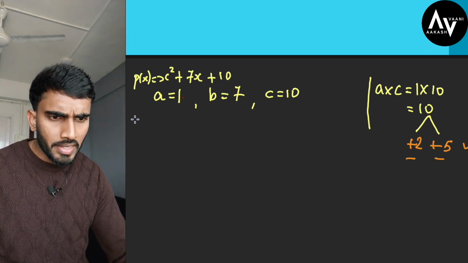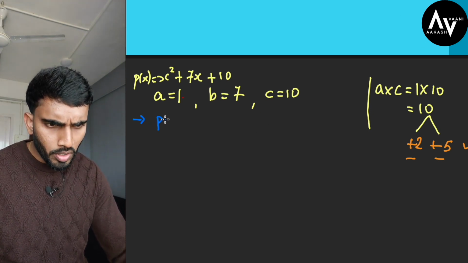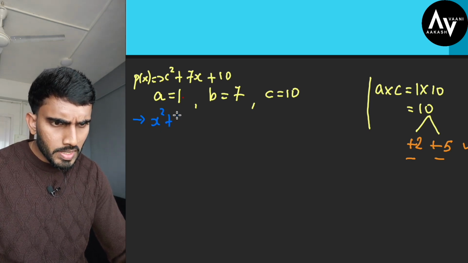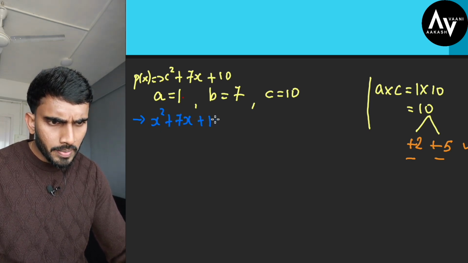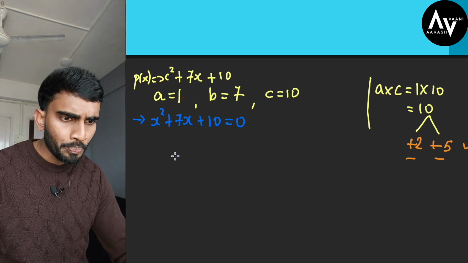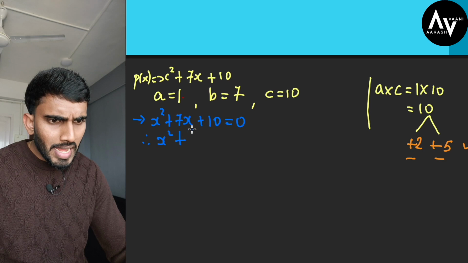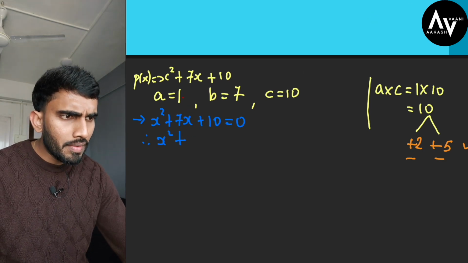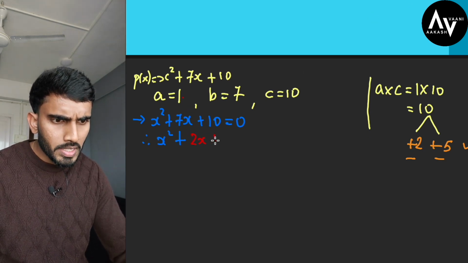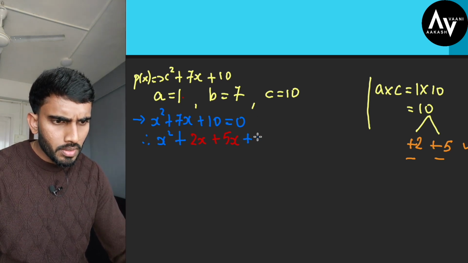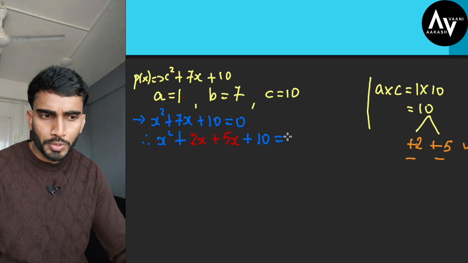As a result, I will write the polynomial once again, p of x equals x square plus 7x plus 10, and I will set it equal to 0. Then I will write x square plus, instead of 7x, 2x plus 5x plus 10 is equal to 0.